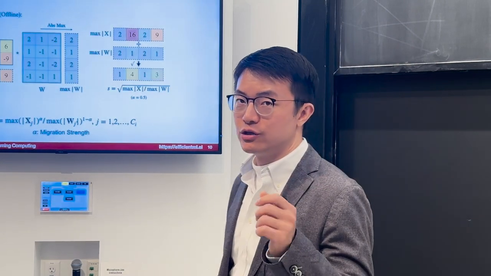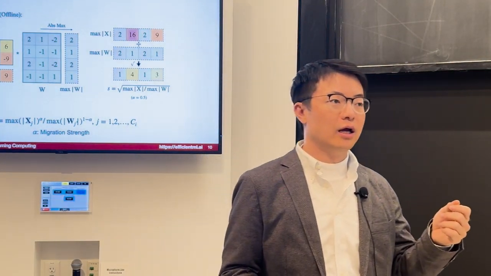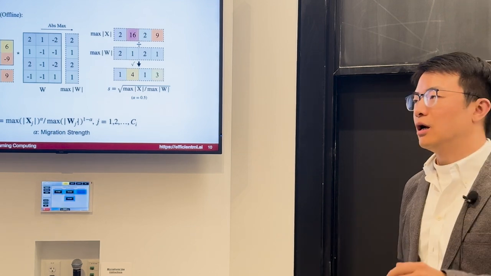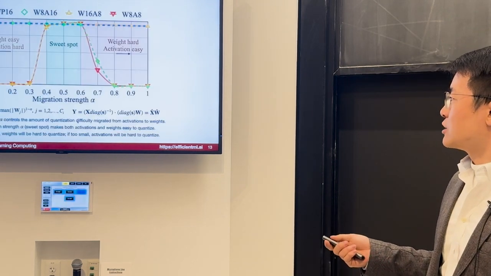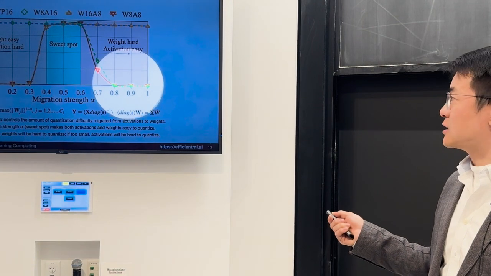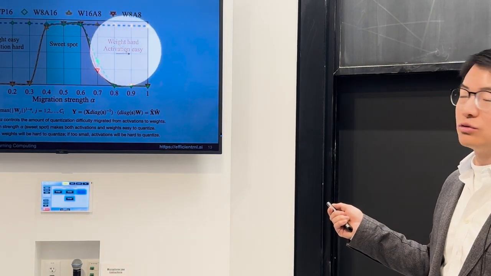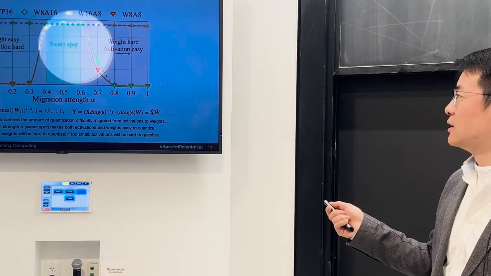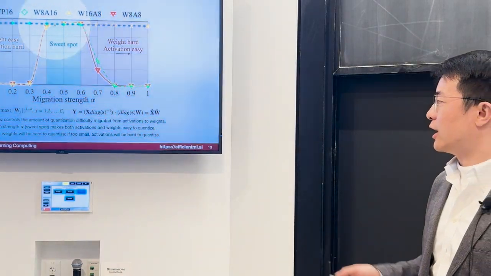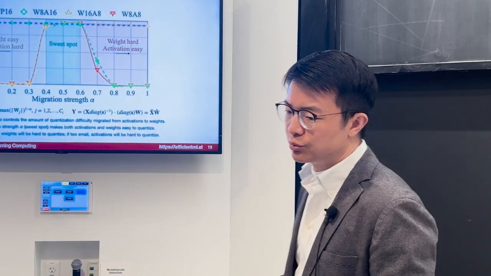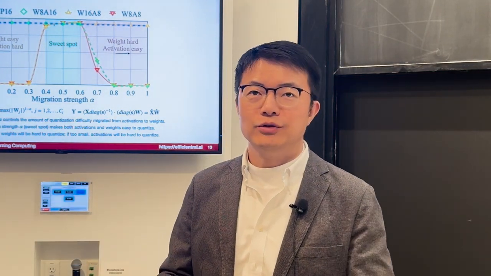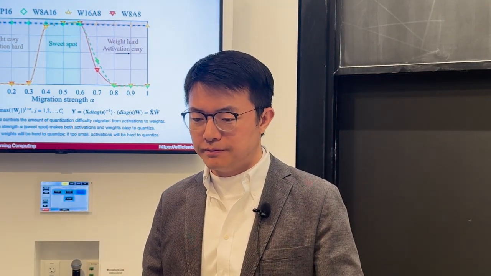Alpha is the migration strength, determining how much quantization difficulty we push from activation to the weight. The larger the alpha, the more we are pushing the quantization difficulty to the weight. And weight becomes much harder to quantize, activation becomes easy. The middle is the sweet spot where the accuracy stays pretty high. So practically 0.5, or finding the square root, is a very good recipe.